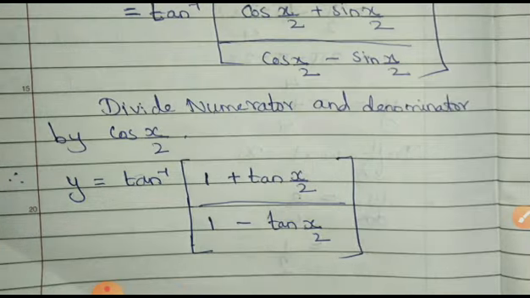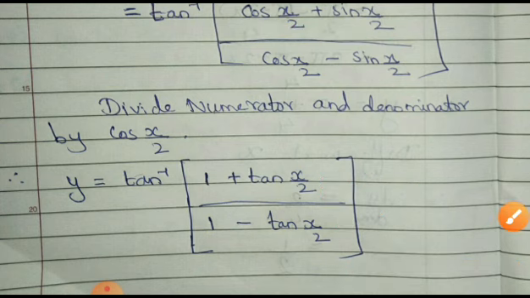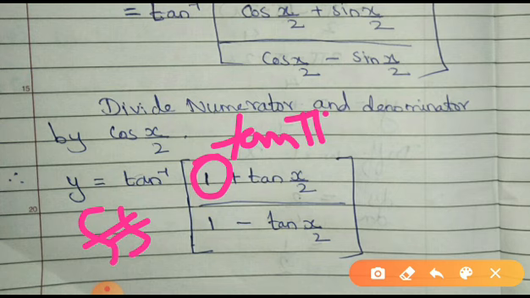Is that clear? So cos x by 2 plus sin x by 2, divided by cos x by 2, will get as 1 plus tan x by 2 by 1 minus tan x by 2. Now after this step, again the main step, instead of 1, I have to write it as tan pi by 4.